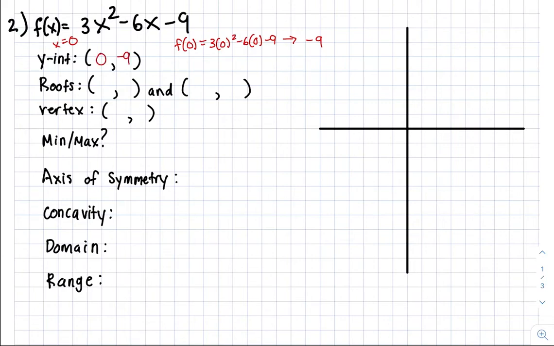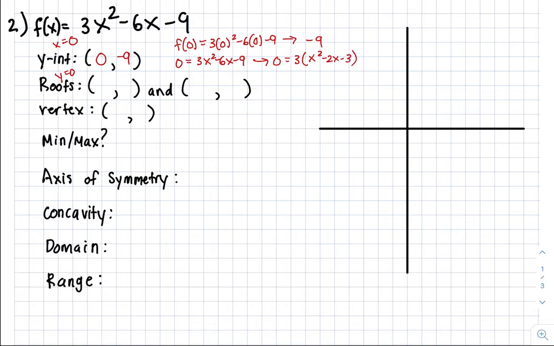Now for roots, this is where y is equal to 0. So we're going to set f of x equal to 0, and then we're going to solve. 3x squared minus 6x minus 9. We're going to factor out the 3. So you get x squared minus 2x minus 3.